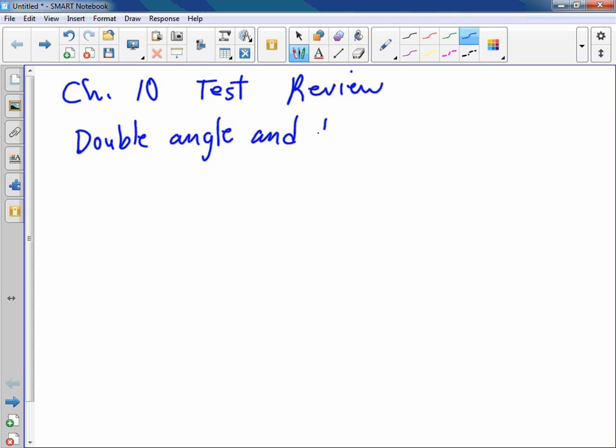and half angle formulas. And we'll use those to find sines and cosines and tangents. Things like sine of, I don't know, 75 degrees.